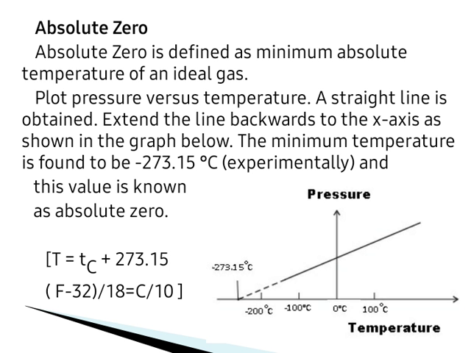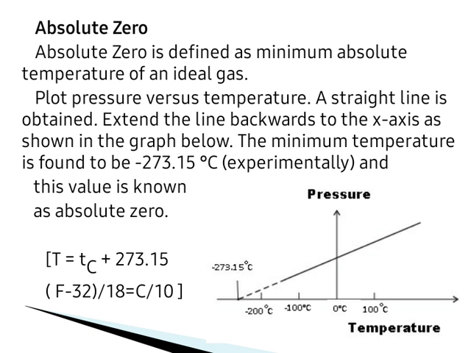If we plot pressure versus temperature, we will get a straight line. As shown in the given graph, we extend the line backwards to the x-axis. It will intersect at the marked point minus 273.15. This value is known as absolute zero.